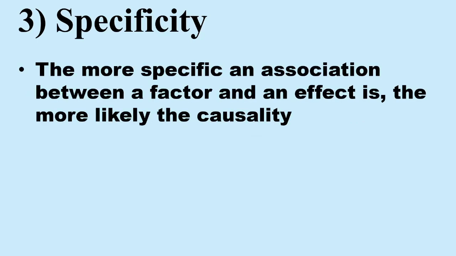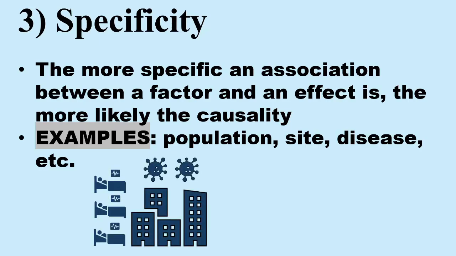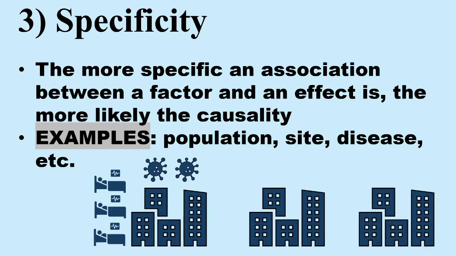Next is specificity. What this means is the more specific an association between a factor and an effect is, the more likely the causality. So if you find a factor and effect in a very specific population or site or for very specific diseases, the more specific it is, the better. Say you're measuring some sort of virus or bacteria in a population, and you have outcomes like hospitalizations. If you have a very specific association in this area, but you don't see it when you measure other areas, there's more likely to be causality.